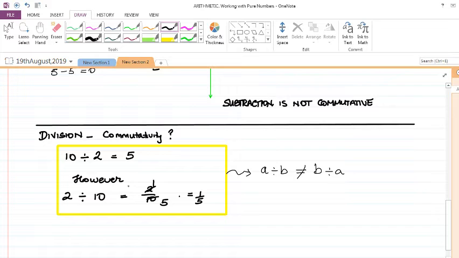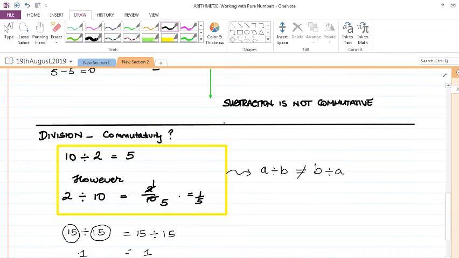Now, there could be a case where that can happen. For example, 15 divided by 15. If you change it around, 15 is equal to 15 divided by 15. Because in both cases, the answer will be 1.